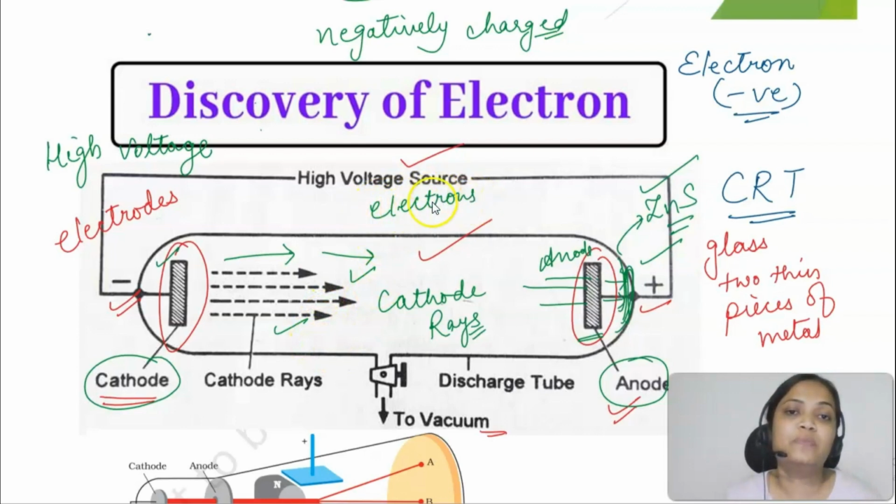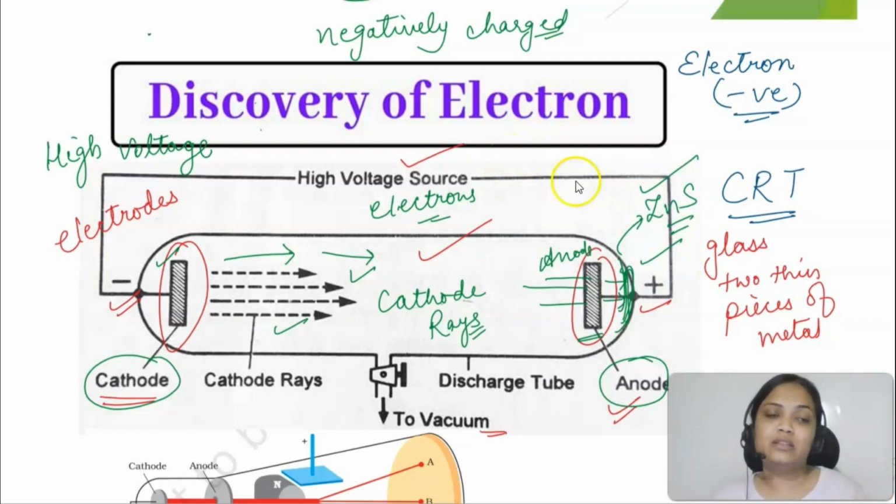So this is how these cathode rays led to the discovery of electrons, because they consist of negatively charged particles. Now the next thing, students, is a very important point: the nature of these cathode rays does not depend on the material of the electrode or the gas present inside.